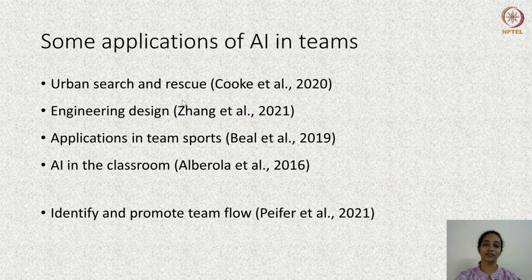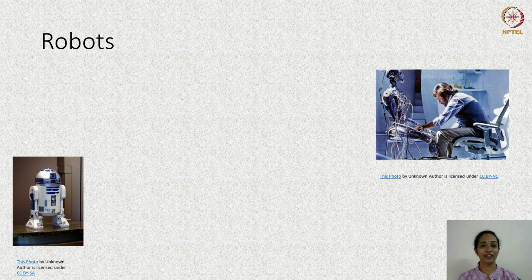The next part that we are going to is looking at one very specific kind of AI, robots. We are very familiar with robots in our literature and in our movies. You would have seen Enthiran, the twin almost to the hero in the movie Enthiran.